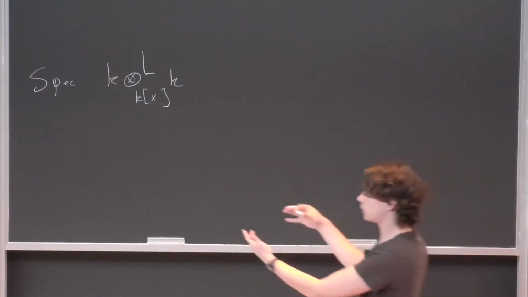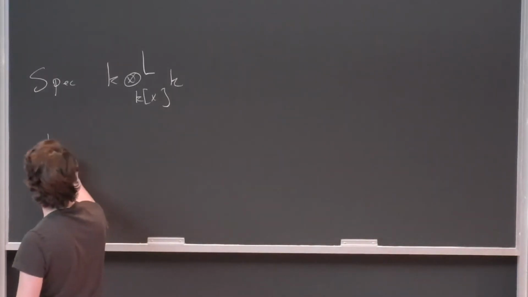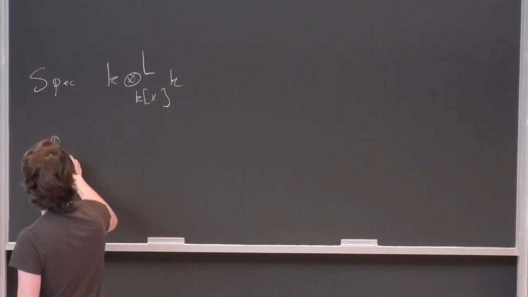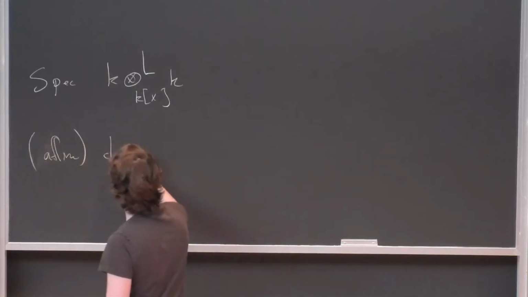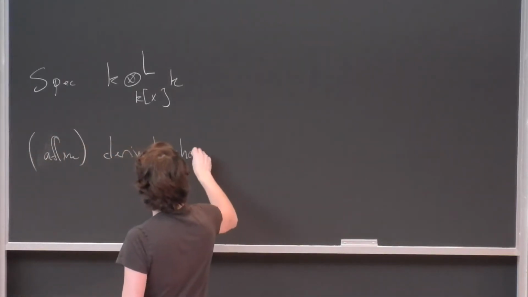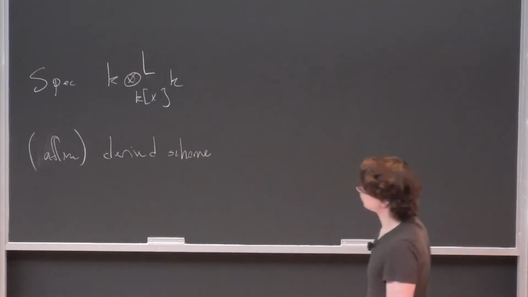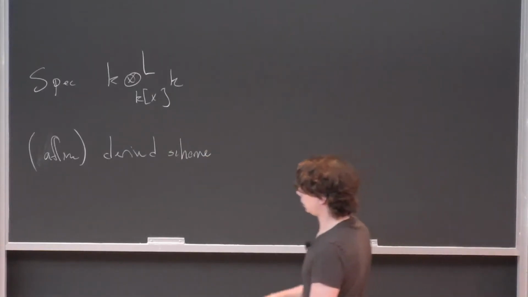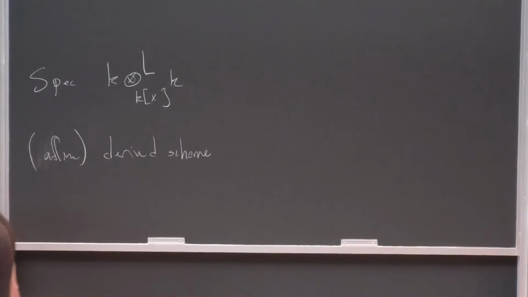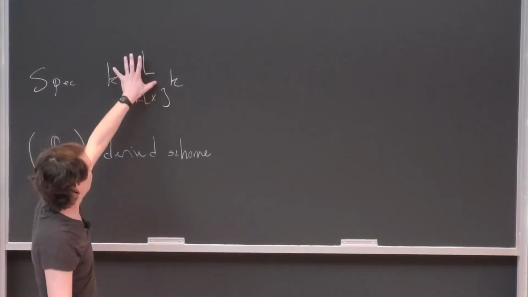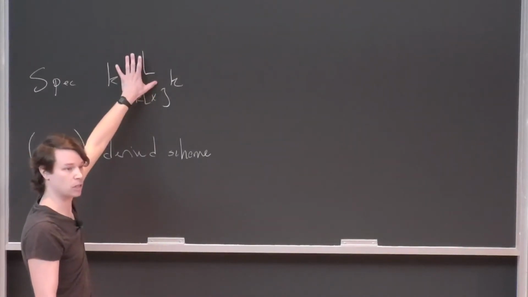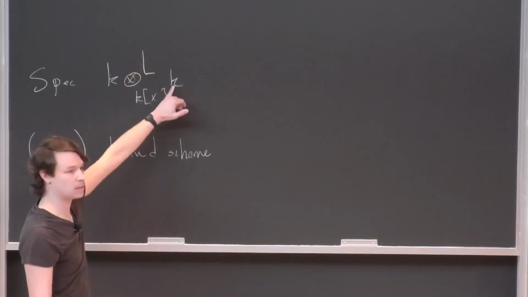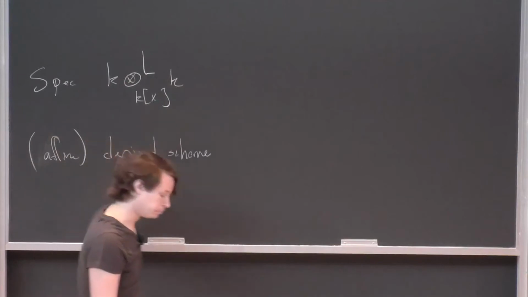And this is a basic version of an affine derived scheme. Okay, and we'll see today how to make sense of this object. So this is something you know. This is a complex with homology in degrees 0 and 1. Degree 1 is Tor 1 of K against itself over K[x], right?